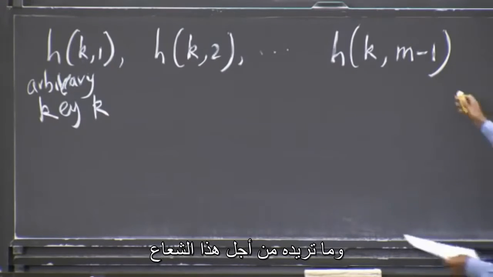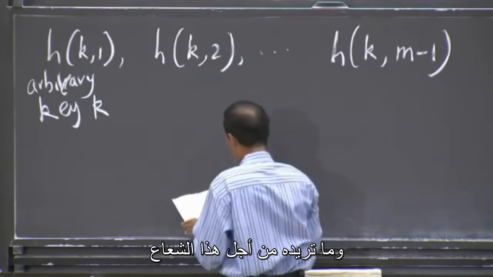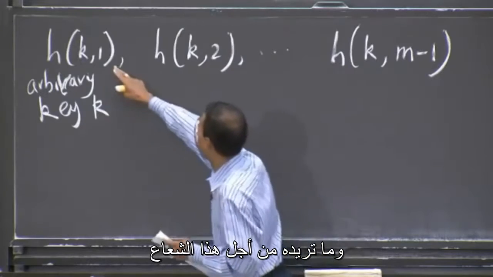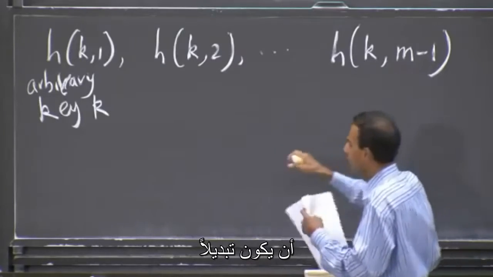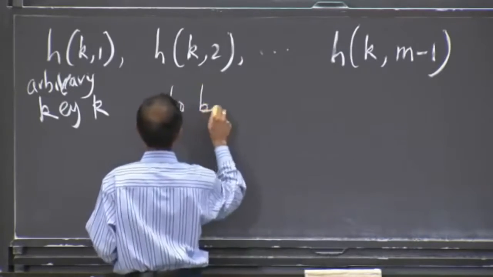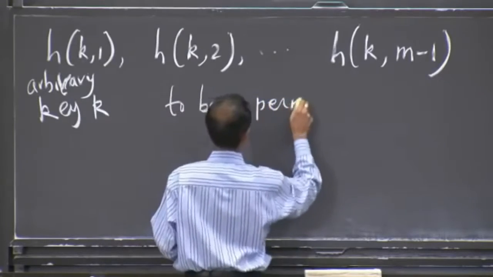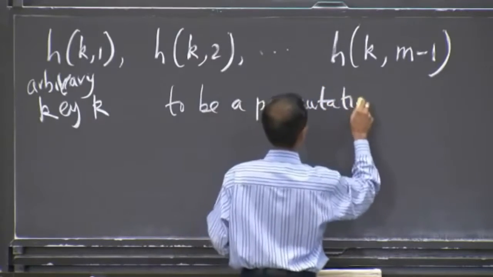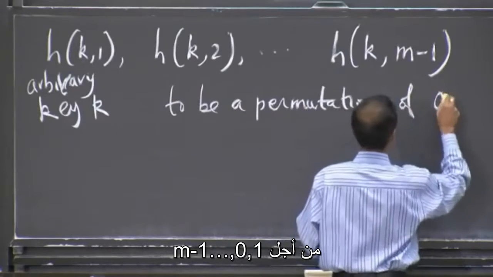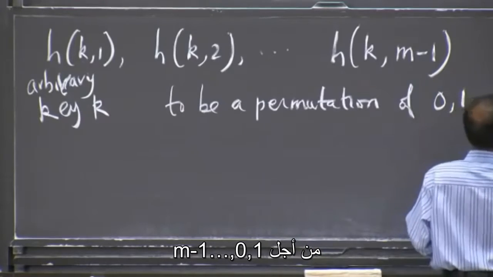And what you want is for this vector to be a permutation of 0, 1, and so on to m minus 1.